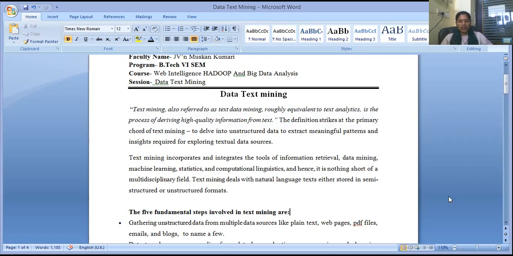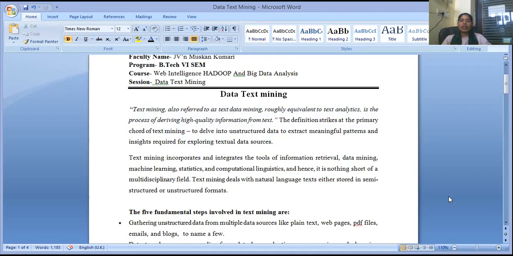Now you can see there is a terminology used here: structured and unstructured or semi-structured format. What does this mean? Structured means your data is in a well organized format, isn't it? Unstructured means your data is not in a well organized format.